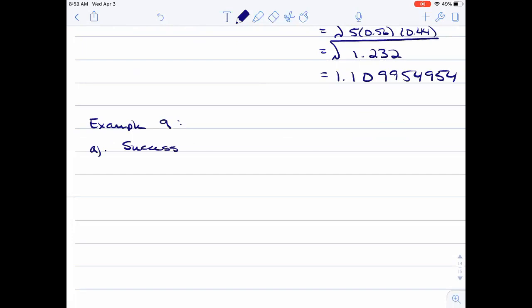A success is someone who has O negative blood, because we're told that only 6% have it, so the probability of someone with O negative blood is 0.06, and because that's the probability we're given, that makes it a success. So it's O negative blood.